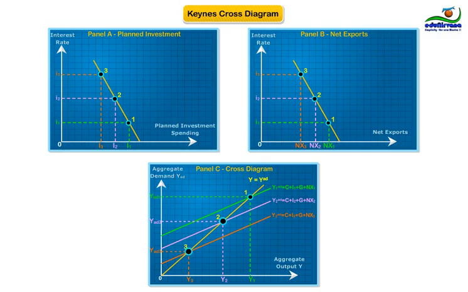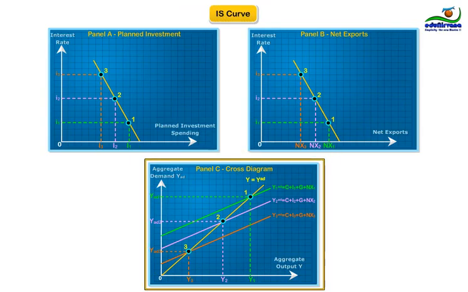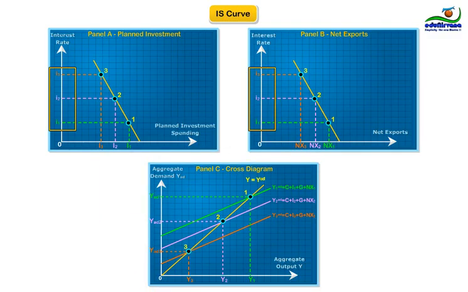These are equilibrium points where the aggregate demand is equal to the aggregate output. So, we have seen in panel C that as the interest rate increases from I1 to I2 to I3, the equilibrium aggregate demand decreases from Y1 to Y2 to Y3.